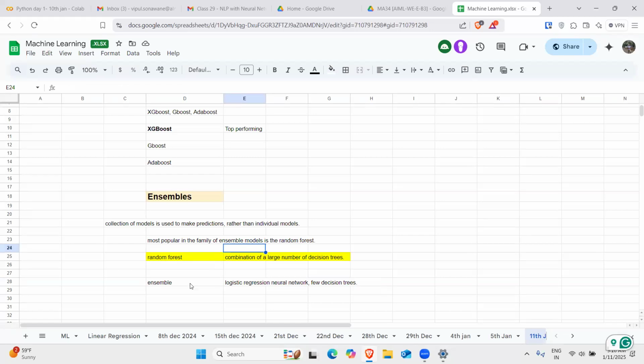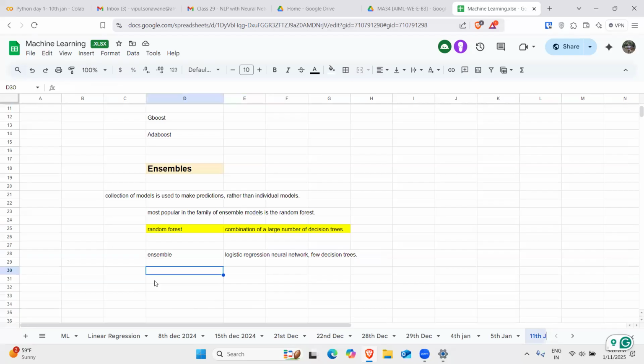Now, before you understand how ensemble works, the following question may arise in your mind. How does a collection of models work better than an individual model? First question.